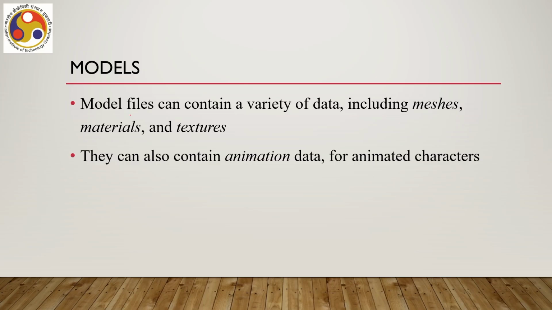Now, the model files can contain a variety of data including mesh, material and texture. They can also contain animation data for animated characters. If some object represents a character which is animated, then animation related data can also be stored in the model files.